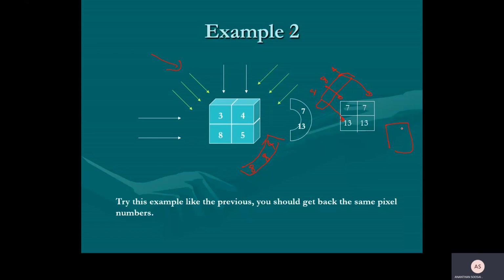So you get a certain pixel value. You get what? 4 plus 7 is 11. 8 plus 7 is 15. 13 plus 8 is 21, right?